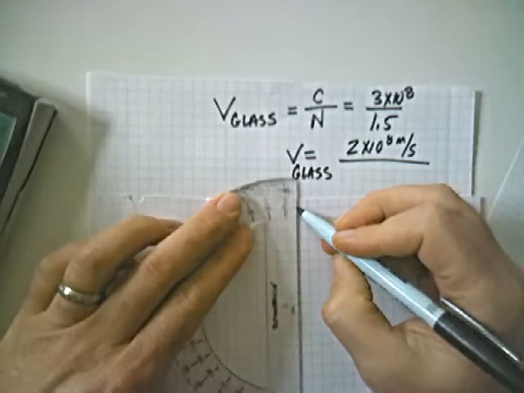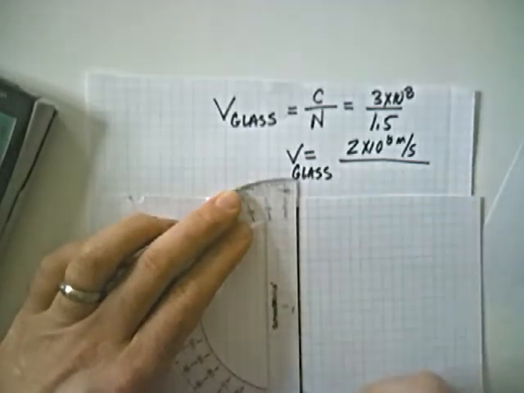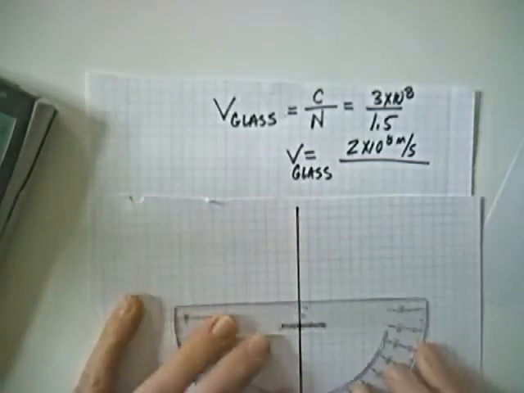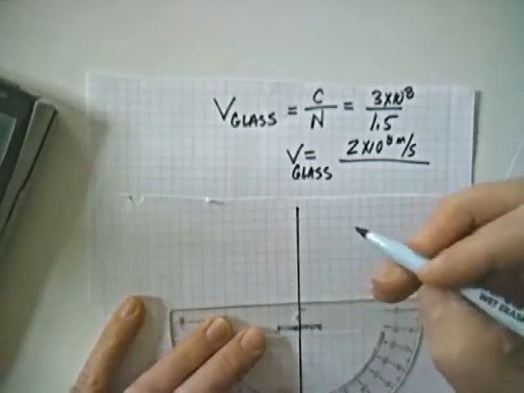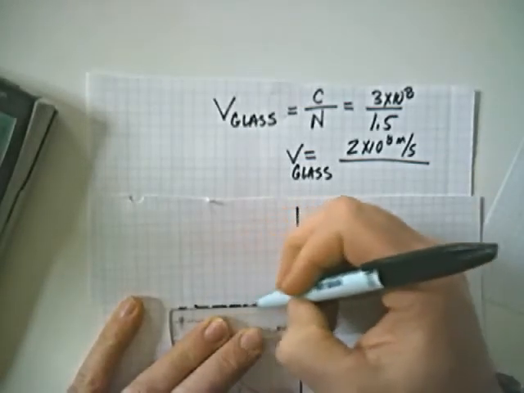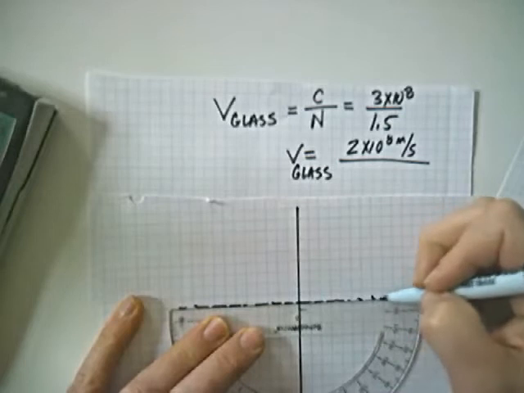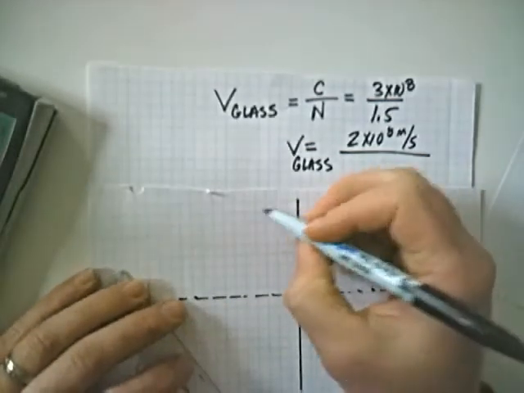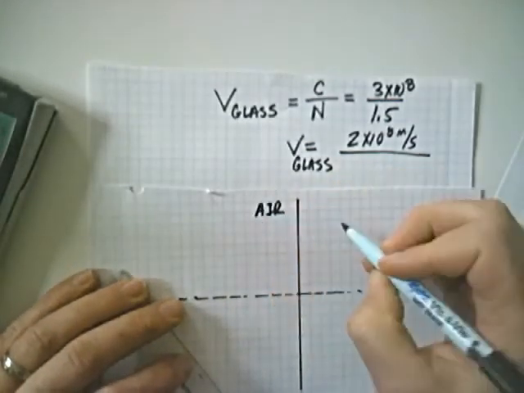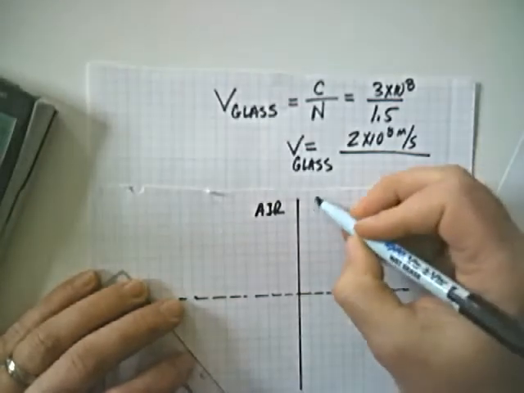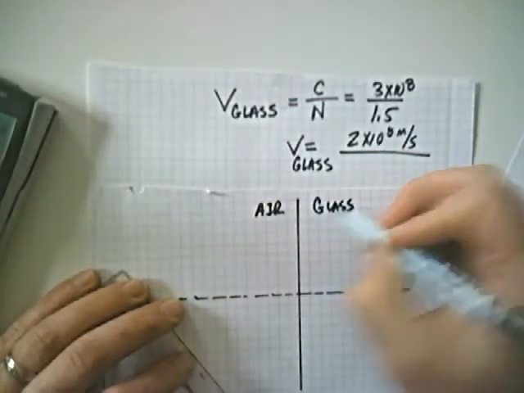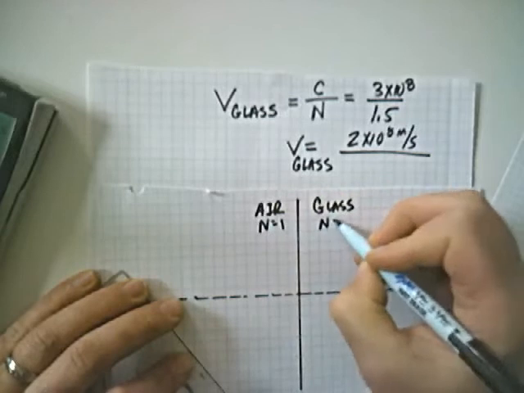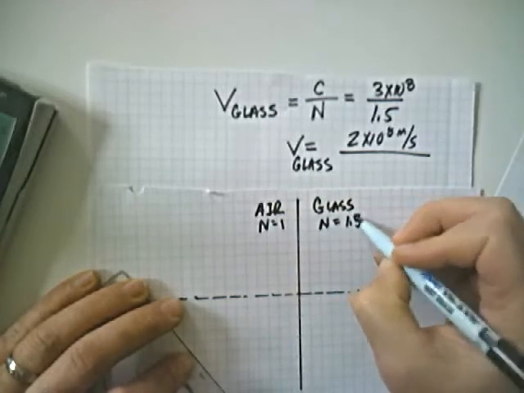So we're going to have this boundary that's occurring, and then we're going to have a perpendicular line being made here, and we'll call this air, and then we'll go into glass this time. Remember, the n value for air is 1, and the n value for glass is 1.5.